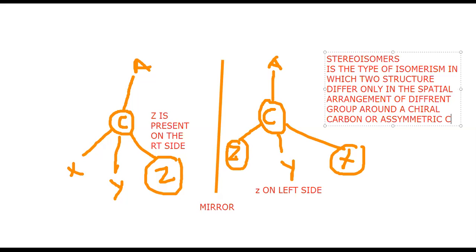So you can see the two structures here, and such types of structures are called stereoisomers, which differ in this.